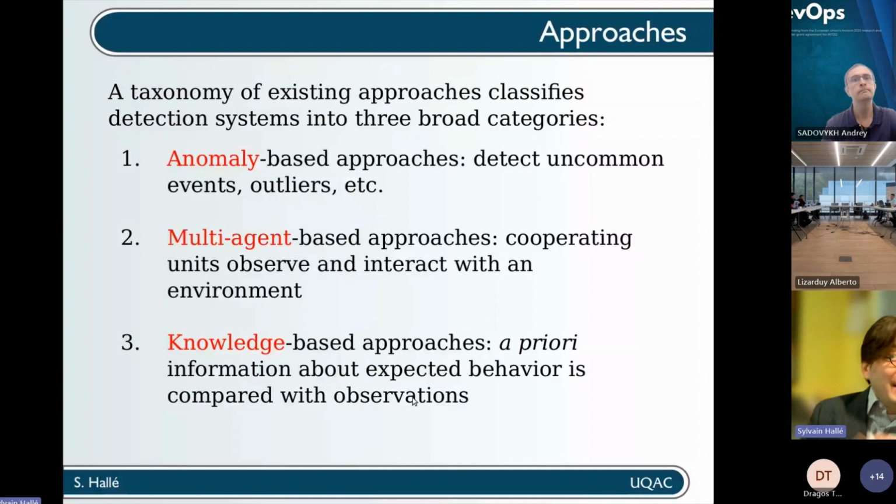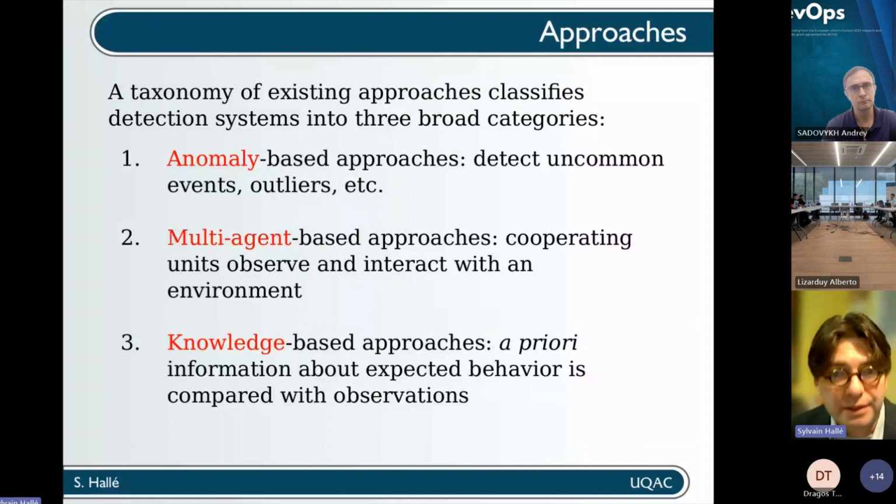There are many approaches to this problem, and there's a taxonomy of existing approaches that classify these attack or intrusion detection systems into three broad categories. The first one is anomaly-based approaches, which attempt to detect uncommon events or outliers in a set of data. Then there's multi-agent based approaches, where you have cooperating units that observe and interact with an environment.